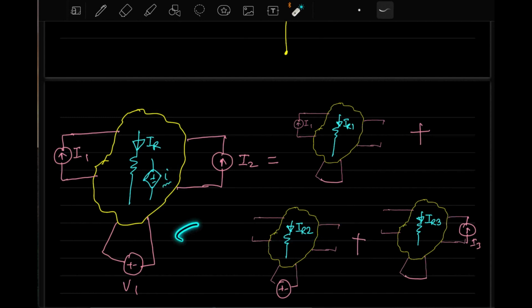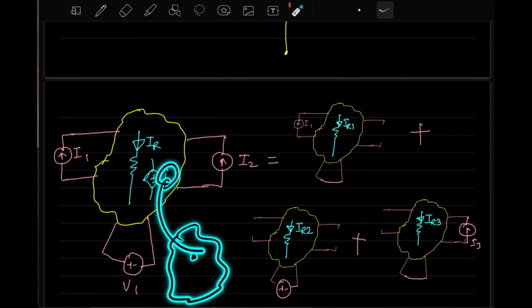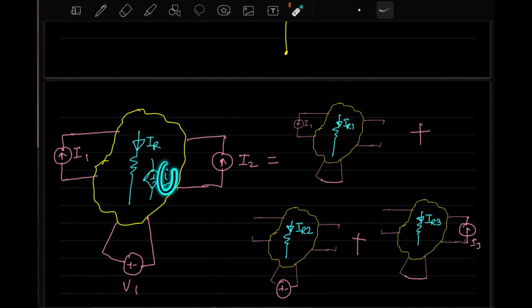Like, if there is another network here, you cannot have this current I depending upon that. So this I has to be within this network only, first of all. And the second thing is, it will behave like the elements R, L and C, and you cannot do superposition on this type of sources.